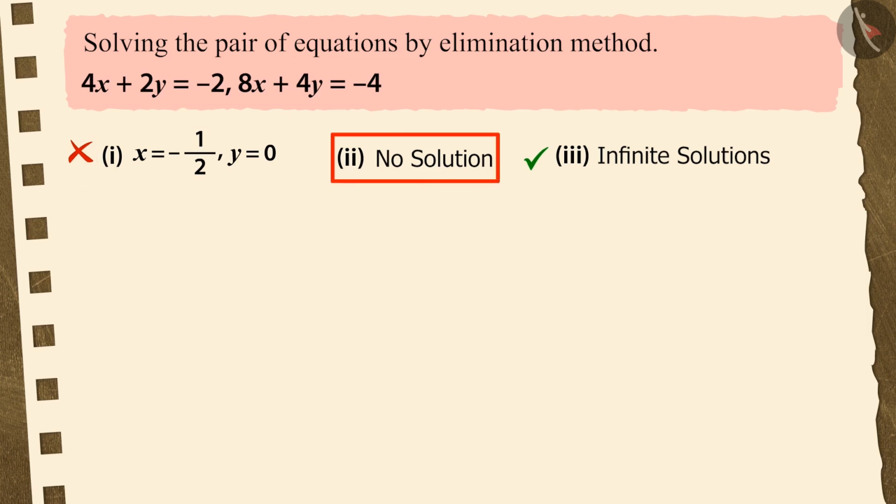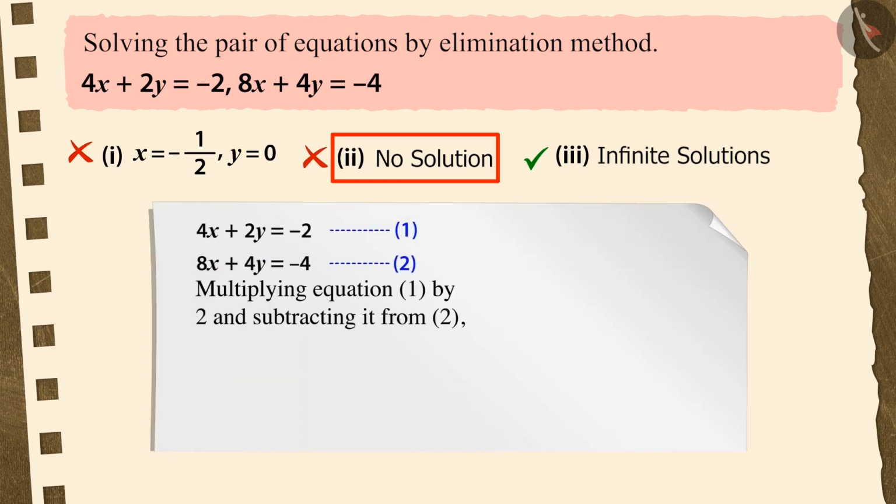If you have selected option 2, then that's also a good try, but it is also the wrong answer, because to eliminate a variable in the given pair of linear equations, you multiply equation 1 by 2 and then subtract it from equation 2.